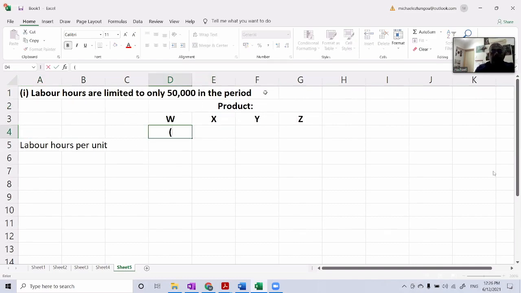It is €15 divided by €5. That must be 3 hours.